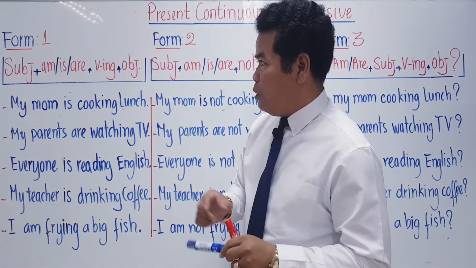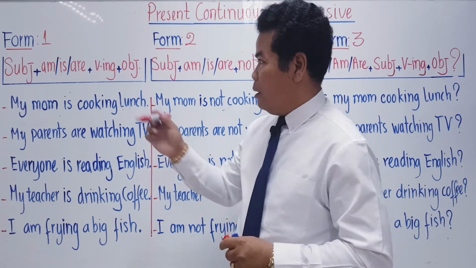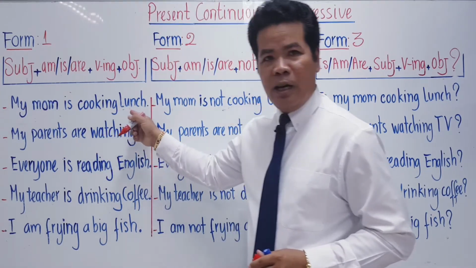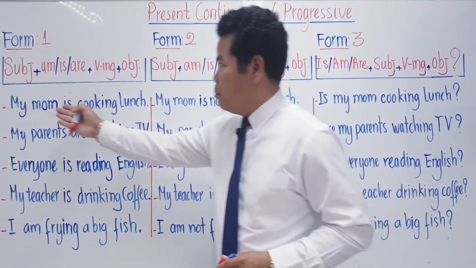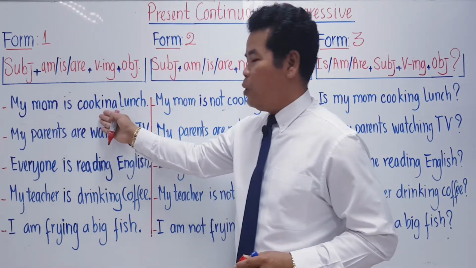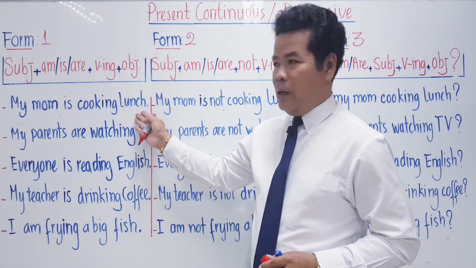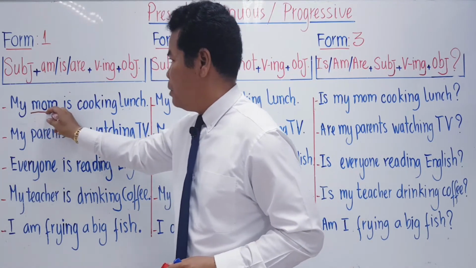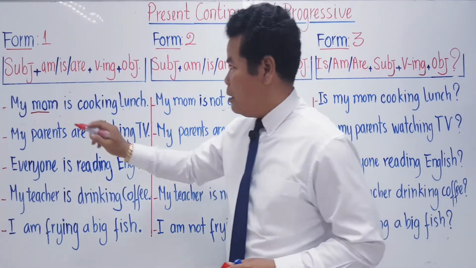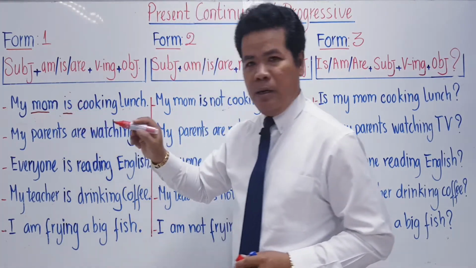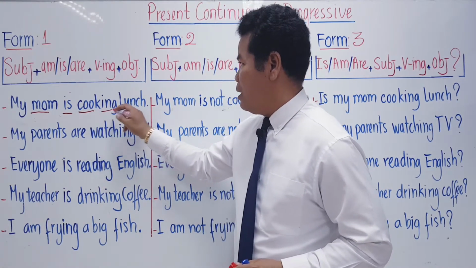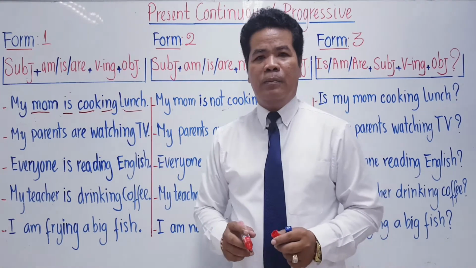Now, let's go to the example. My mom is cooking lunch. So, do you see the subject? Mom is the subject. Is is the part of verb to be. Cook plus ing and then lunch is the object.